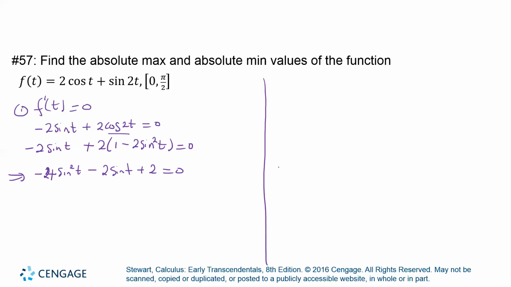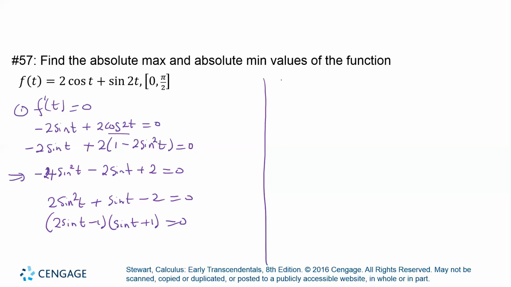If you divide through by negative 2, this will give me 2 sine squared t plus sine t minus 2 equal to 0. If we factor, we have 2 sine t minus 1 times sine t plus 1 equal to 0.